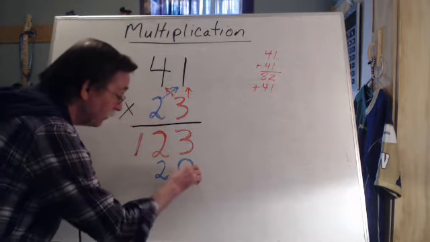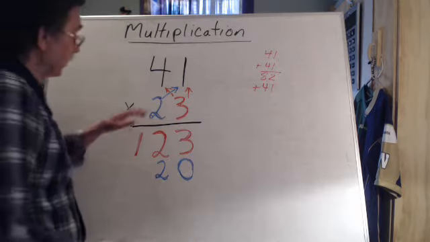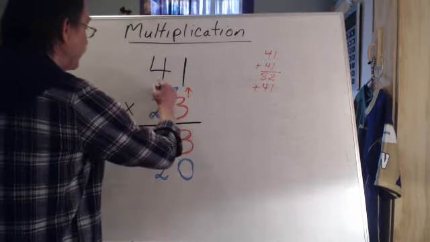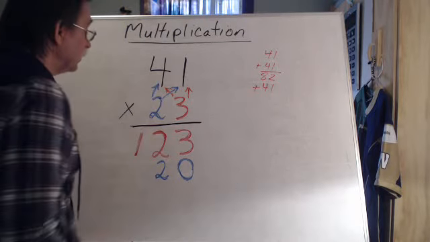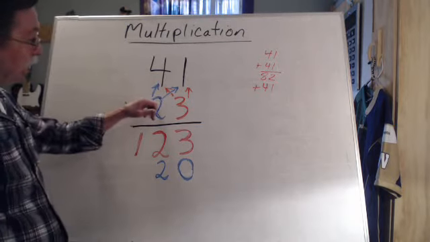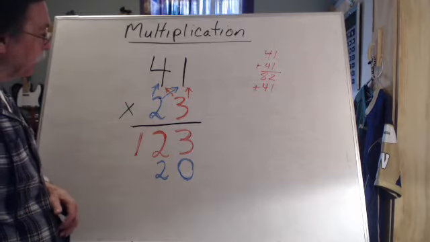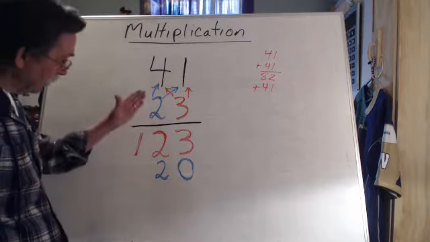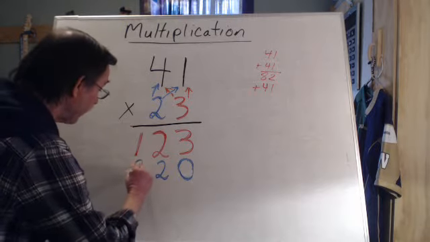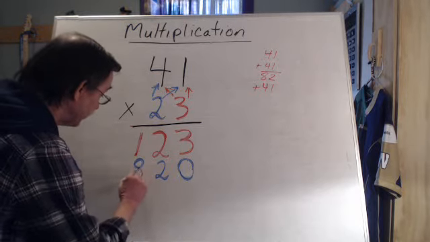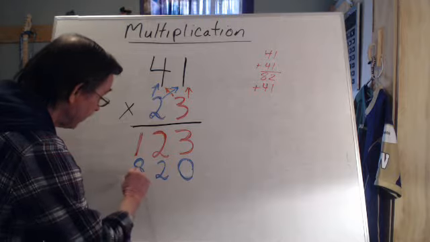There we are. Okay, now 2 times 4. We're going to multiply that one. 2 times 4 is 8. So, moving along, we put an 8 right there. Make a nice big one so we can see it.